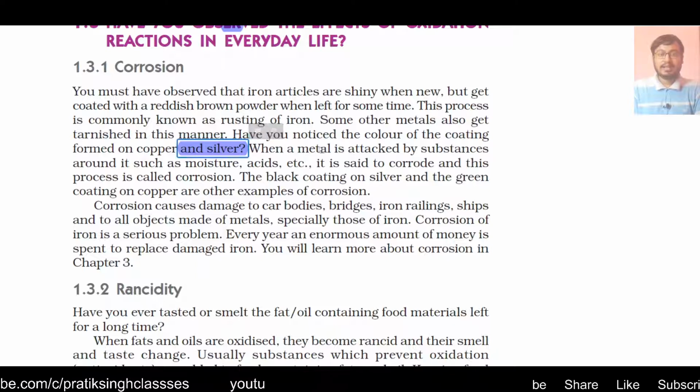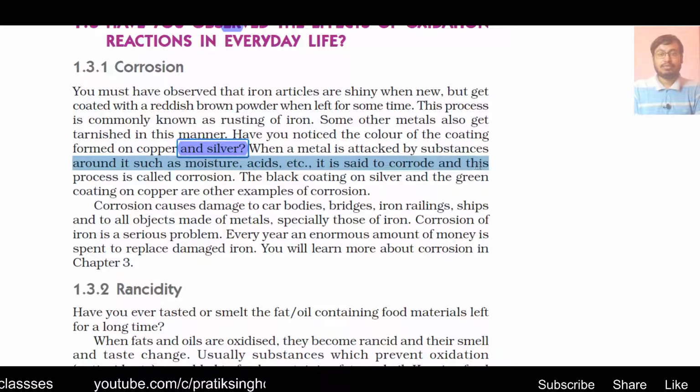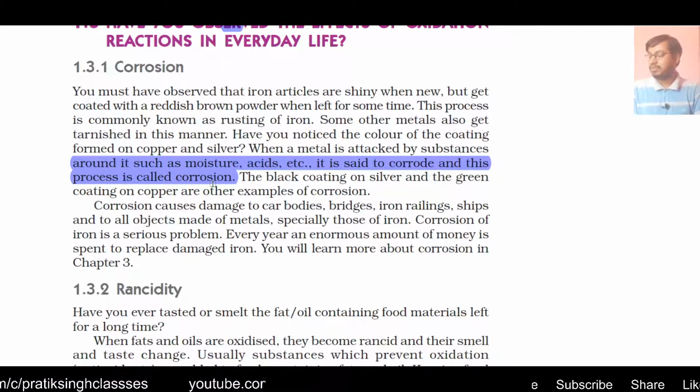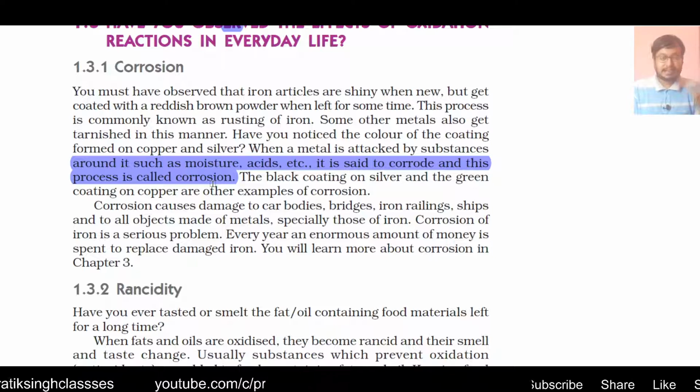When a metal is attacked by substances around it such as moisture, acids, etc., it is said to corrode, and this process is called corrosion. So in corrosion the material gets attacked by moisture and air. Whenever we say air, that means oxygen. Acids and bases also sometimes corrode materials.